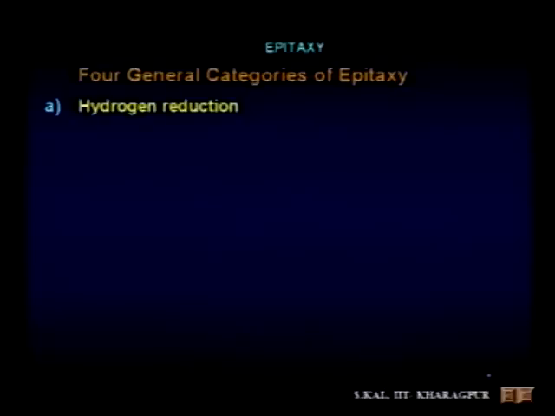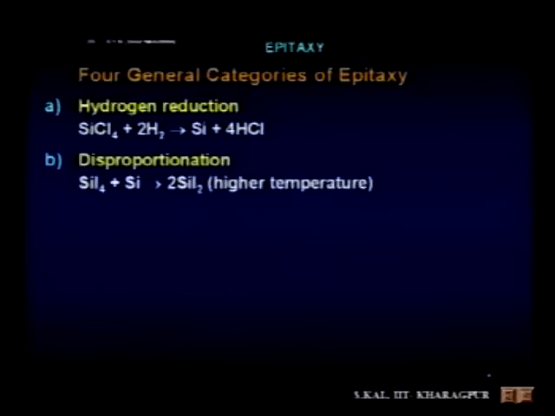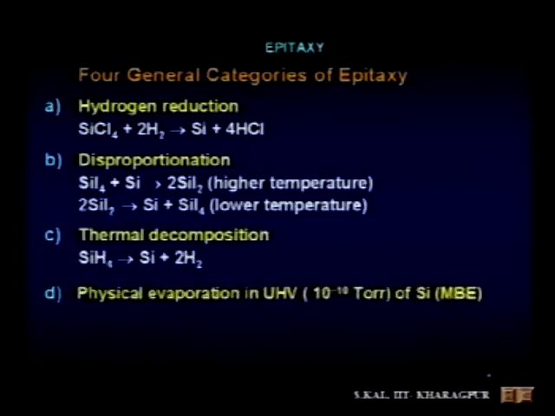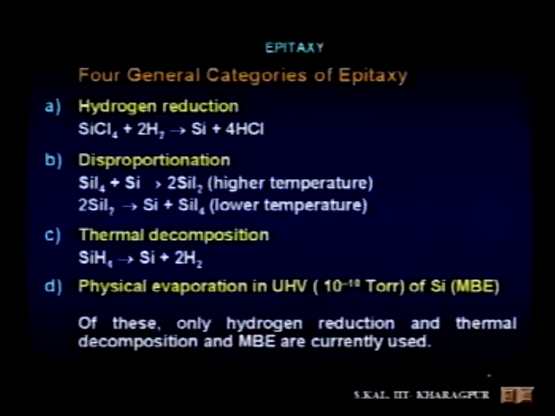One is known as hydrogen reduction, the second is the disproportionation reaction, the third is thermal decomposition, and the last one is physical evaporation in UHV. So, these are the 4 categories of reaction mechanisms in vapor phase epitaxy.